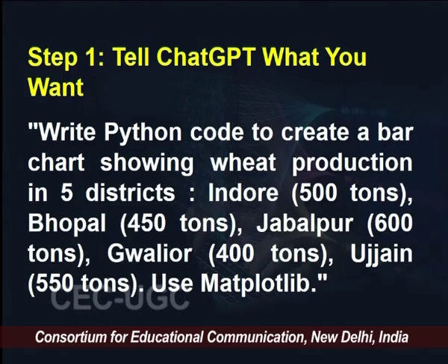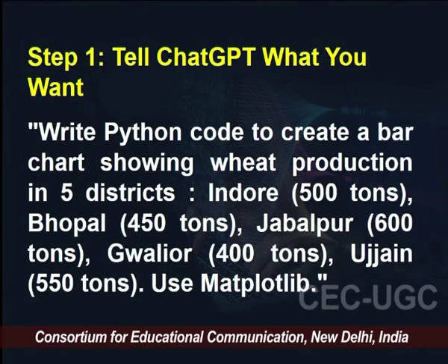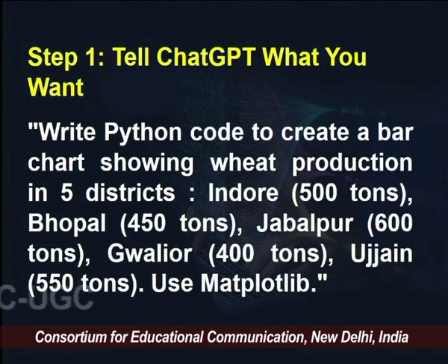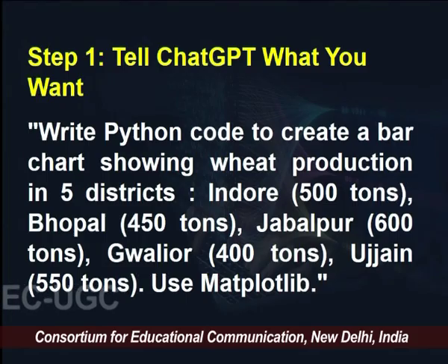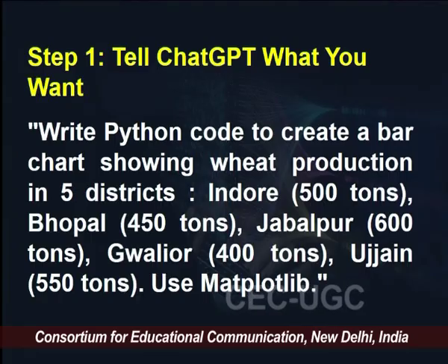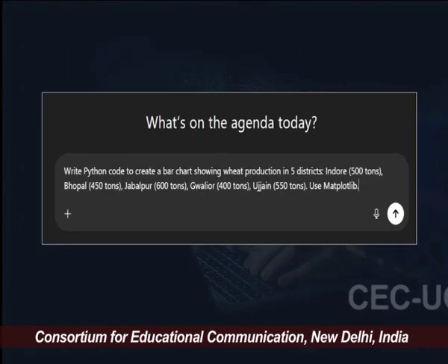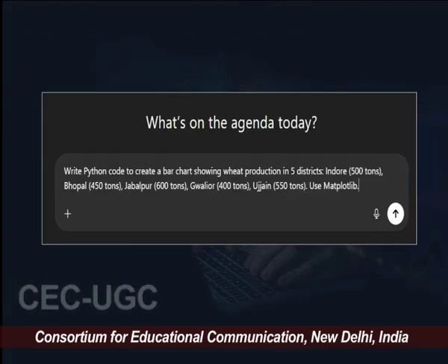We have seen this example earlier. We ask our AI assistant tool to create Python code to create a bar chart showing wheat production in 5 districts: Indore 500 tons, Bhopal 450 tons, Jabalpur 600 tons, Gwalior 400, Ujjain 550, and we ask ChatGPT to use matplotlib. As you see on your screen, we give this prompt to ChatGPT.